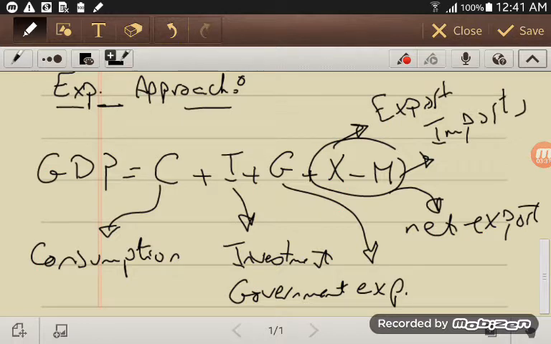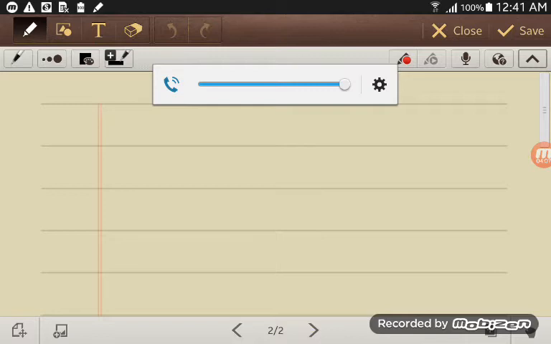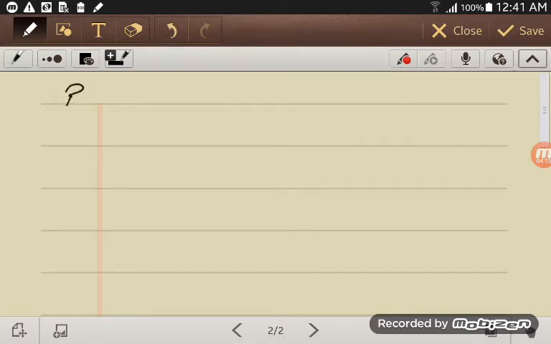What about income approach? As we said before, there are four main factors of production, which are land, labor, capital, and entrepreneurship. So land earns rent, the same meaning but using different words. So instead of rent, it's going to be rental income. Labor earns wages.